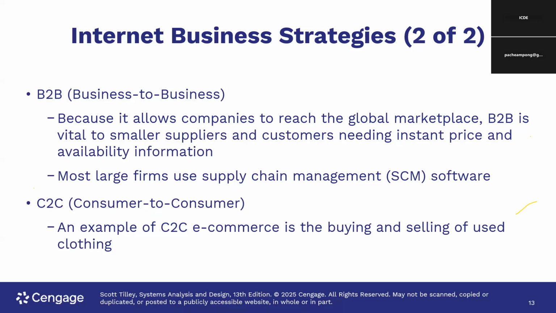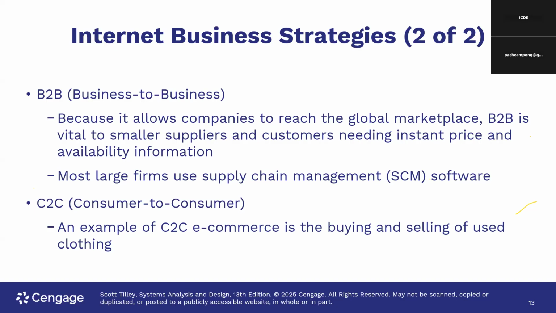Now, when it comes to consumer, I have a TV I don't want anymore. All I have to do is upload it on Tonaton or Gigi or one of the apps, and then I get a buyer and it's gone, right? So the idea with business to consumer, business to business, and consumer to consumer tells us that when it comes to internet business, the strategies do not apply to all of them at once.